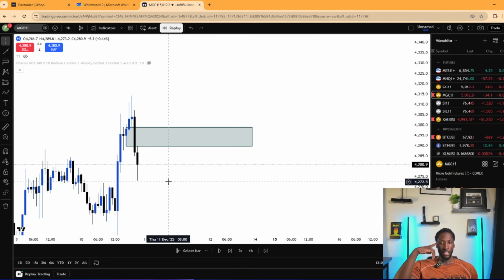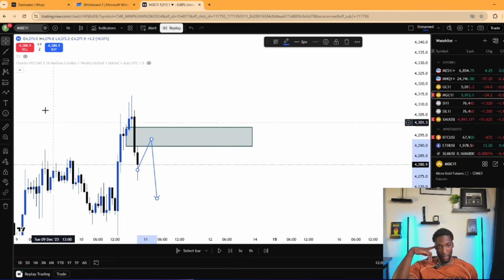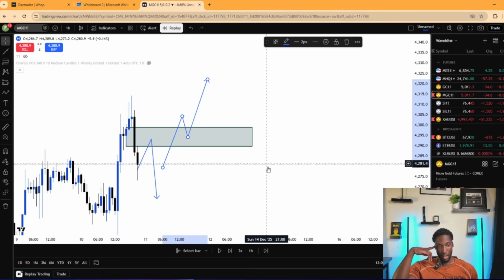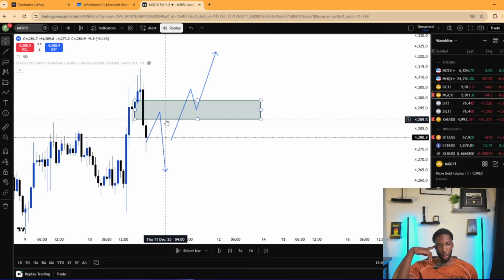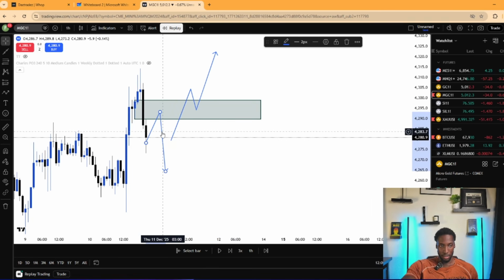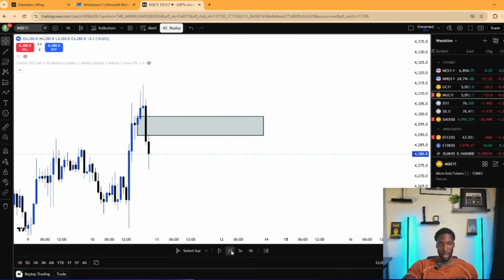That means inversion fair value gap. And an inversion fair value gap simply means that instead of price doing this, it failed and did this. So a fair value gap that was supposed to take price lower ended up being disrespected and became what I like to call an inversion fair value gap.